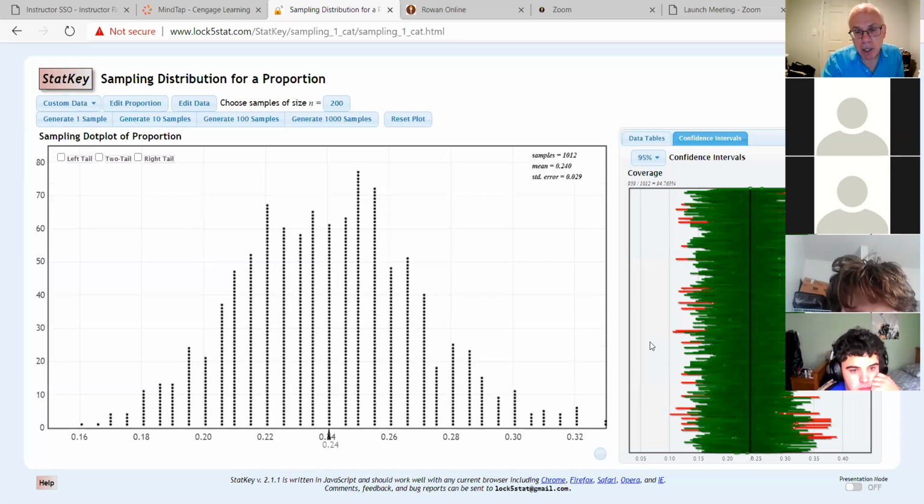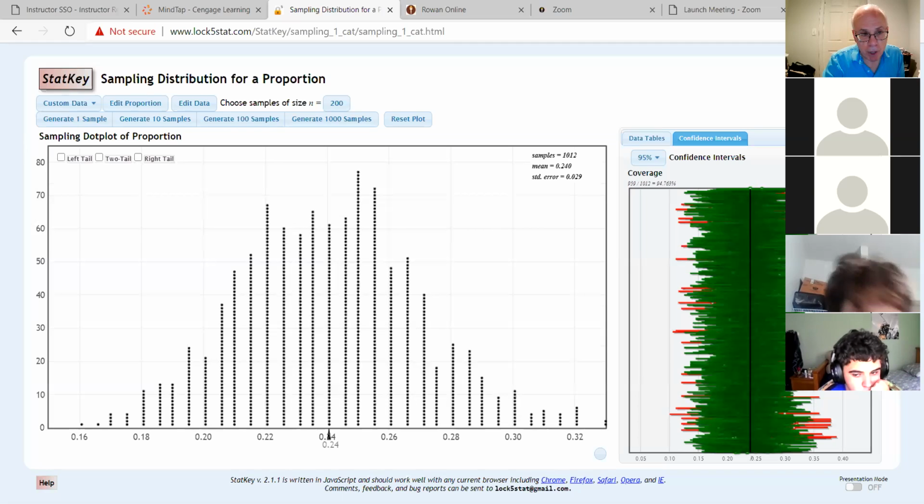We're 95% confident that the interval that we have does contain the population parameter 0.24, whichever one we end up choosing, because we don't know whether it's a green one or a red one. We just don't know that up front, because this 0.24 is typically unknown. We're just assuming it here.